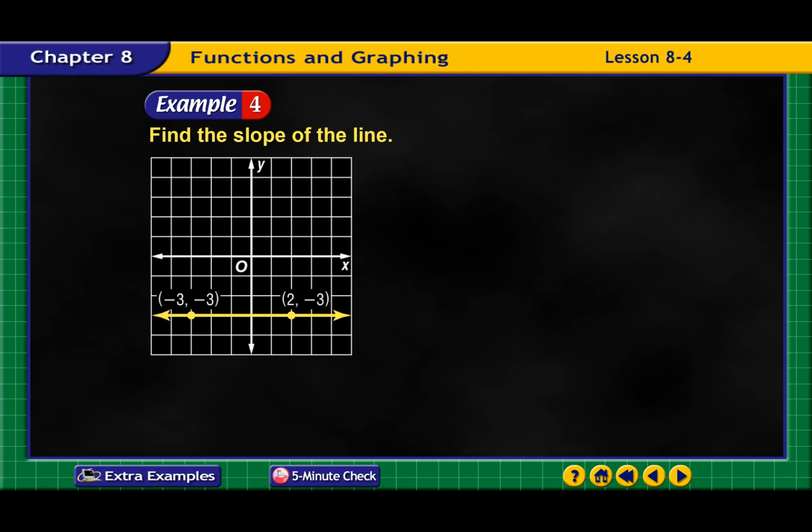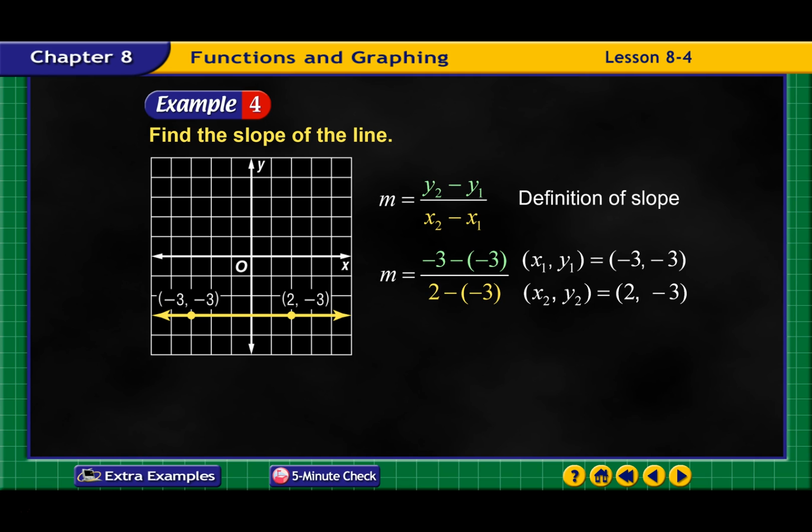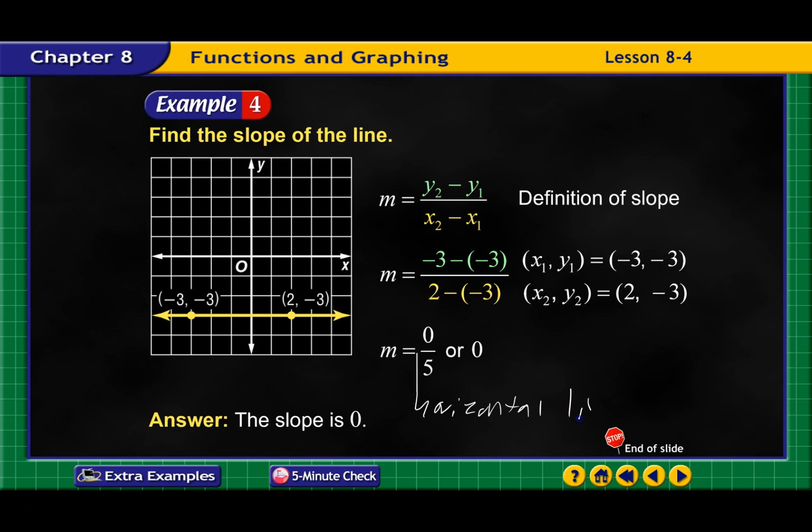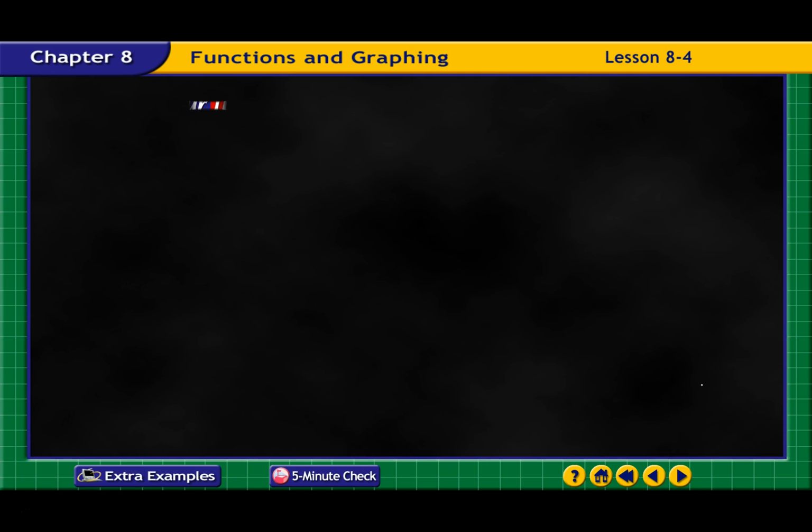Find the slope of this line, a straight line. It's a trick question. So with the definition of a slope, we put all the numbers in. I'm going to speed through this just a little bit. That's going to come out with a 0 on top. If the 0 is on top, your slope is 0. So the slope of a horizontal line is 0.